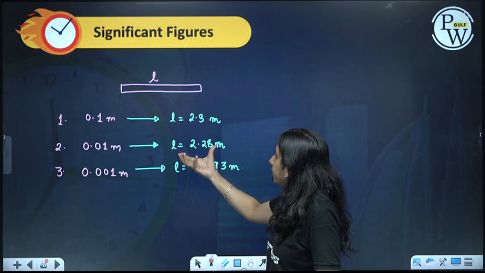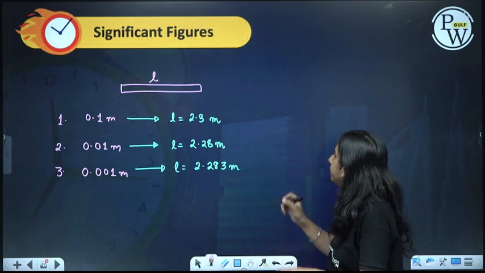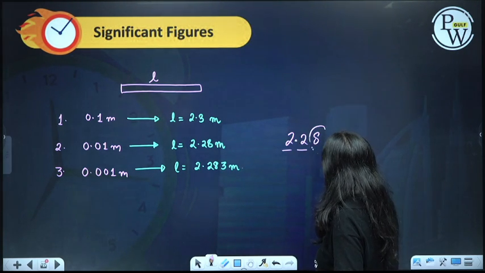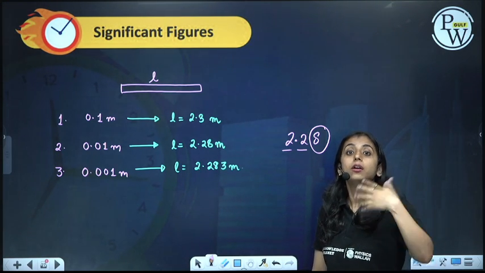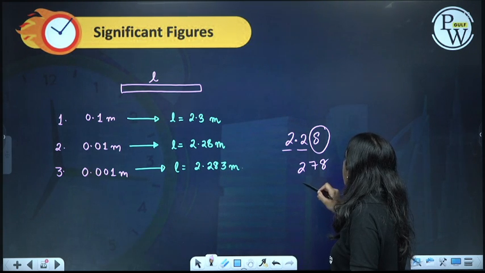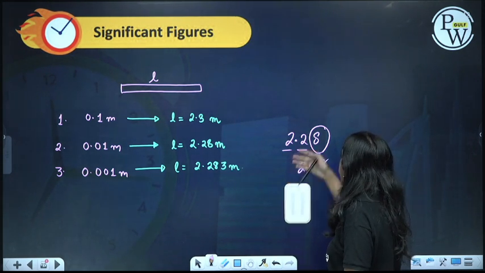When we used a better scale, we found that it is 2.28. Now in this we are confident about 2.2, but we are not confident about this 8. If we have a more precise scale, we could know that it is either 2.278 or 2.271, 2.27, like this.